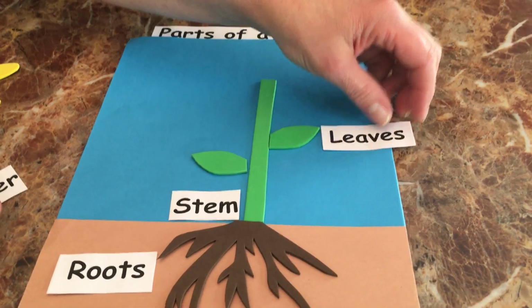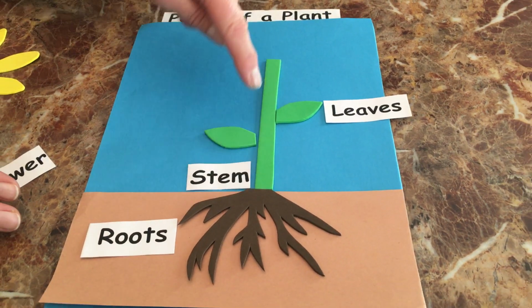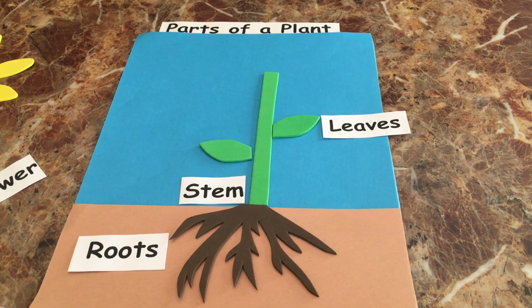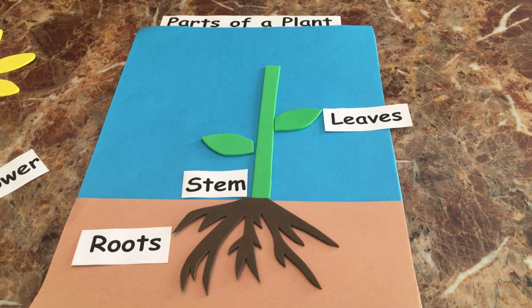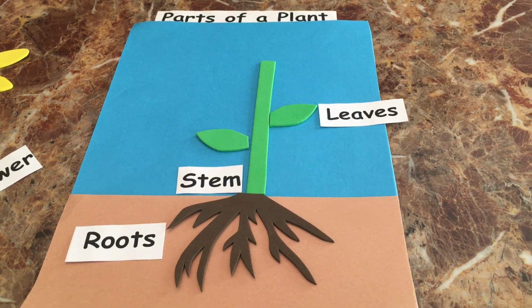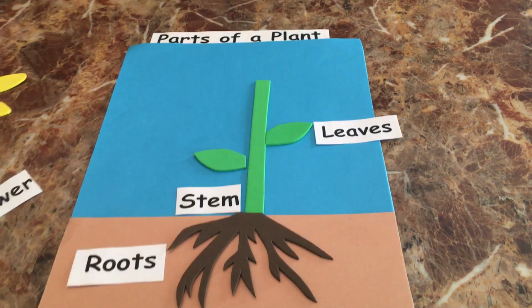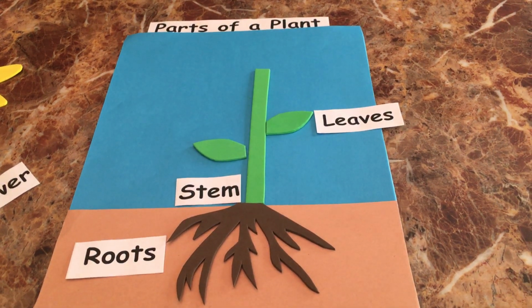Okay, so now let's label our leaves here on our diagram. So we have our roots, the part that's underground, our stem that holds our plant, our leaves, and I wanted to tell you a little bit more about the leaves. The leaves collect energy from the sun, and they make food for the rest of the plant. They do this by using an amazing process called photosynthesis.